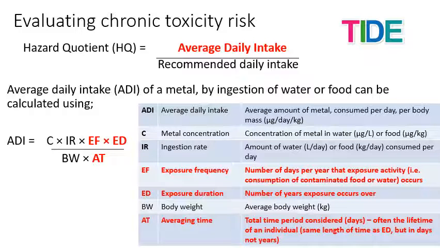So these 3 remaining variables, EF, ED, and AT, stand for exposure frequency, exposure duration, and averaging time. Exposure frequency is the number of days per year in which the exposure activity occurs. For example, in the case of drinking water, people are likely to do this every day of the year, and so you would set this value to 365.